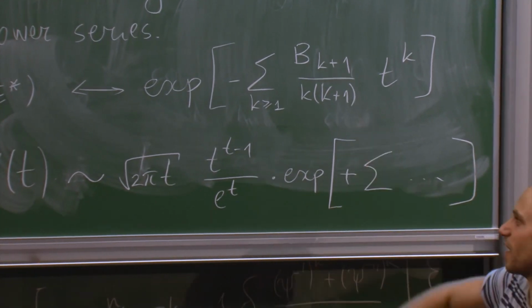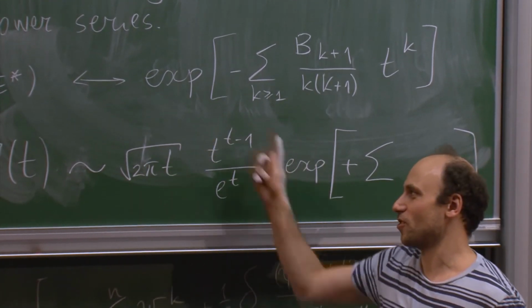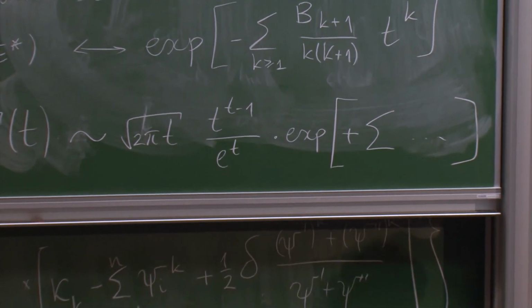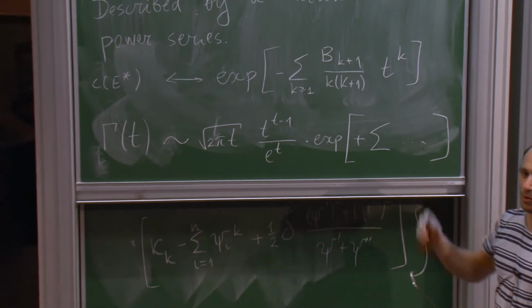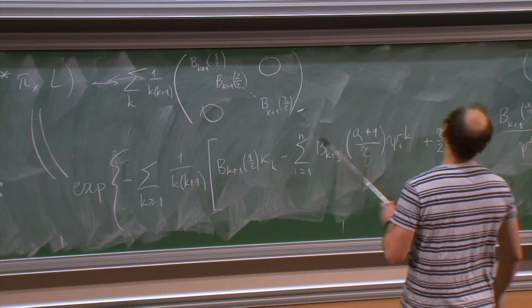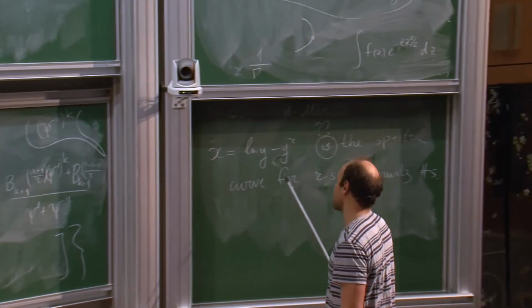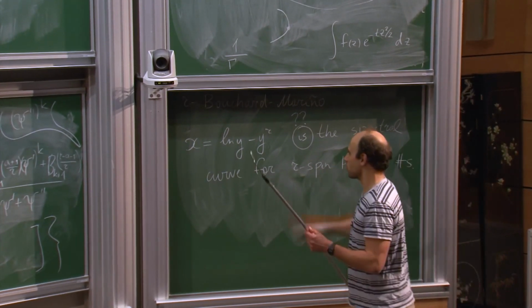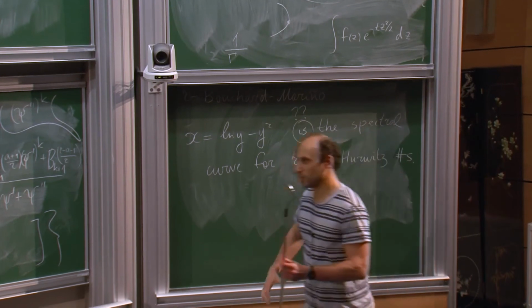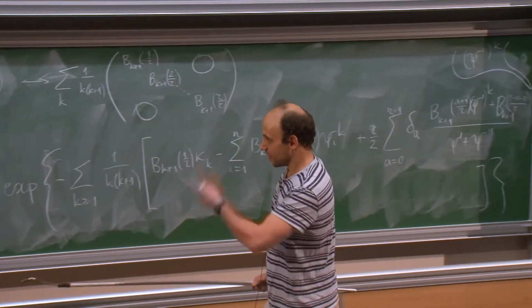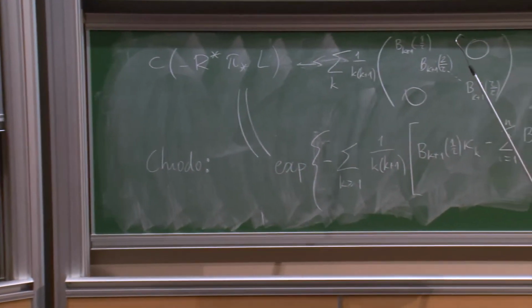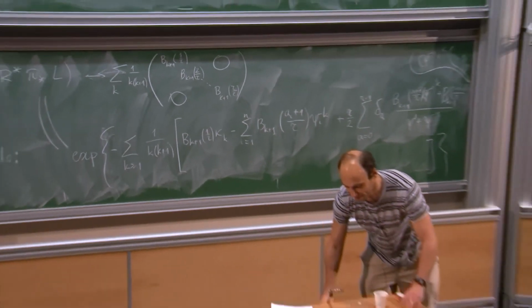So when you have 1 over the gamma function, these things appear in front of the integral, so they simplify. And in the end, you get exactly this power series, the power series that you want. So the connection between the ELSV formula, or the R-spin ELSV formula, and the spectral curve is that when you compute some integrals at the neighborhood of branch points of this curve, you get the reciprocal of the gamma function, whose asymptotic expansion is given by these power series here and here. And I think I have to stop here. Thank you.